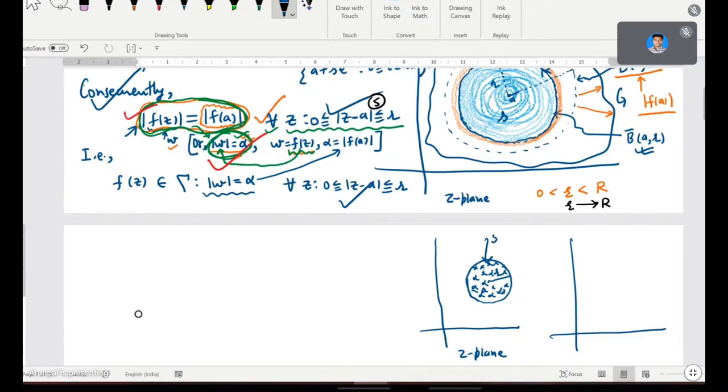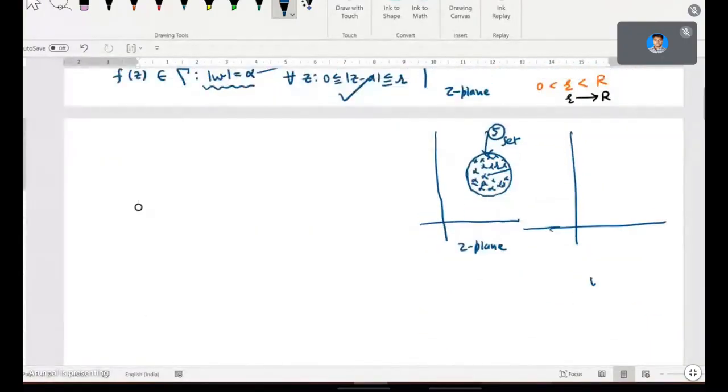So the image of this set here in the w plane is what, class? This is coming out to be a circle centered at the origin and having radius alpha.